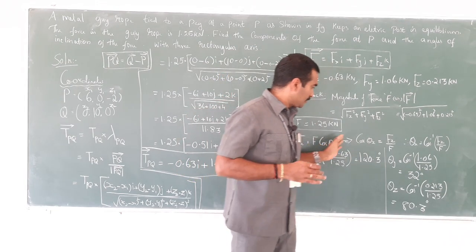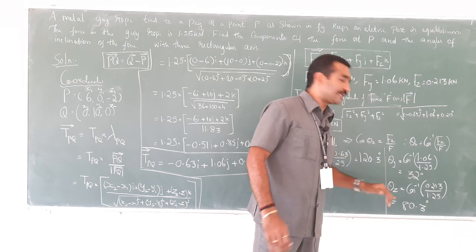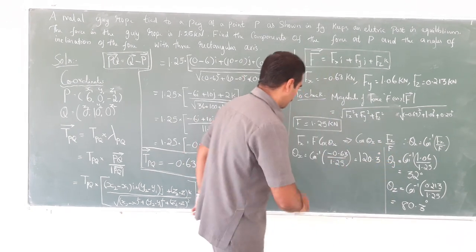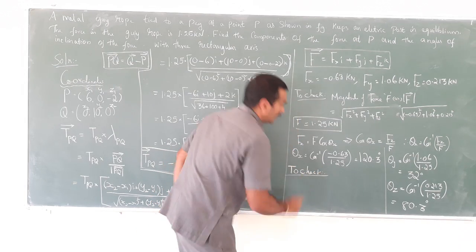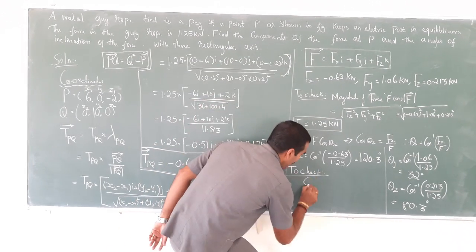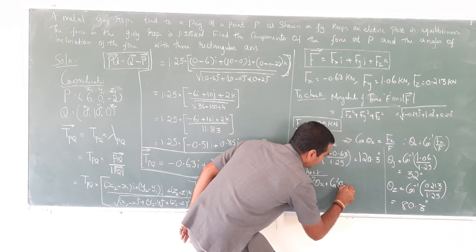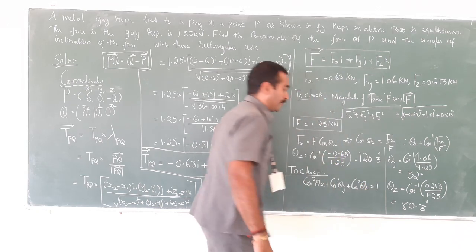Whether the angles I have found for theta_x, theta_y and theta_z are correct or not, how would I know? To check that, there is a formula: cos squared theta_x plus cos squared theta_y plus cos squared theta_z is equal to 1.